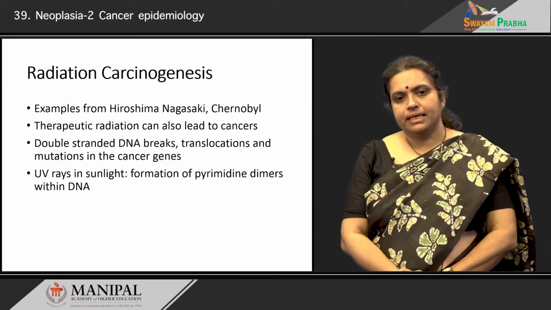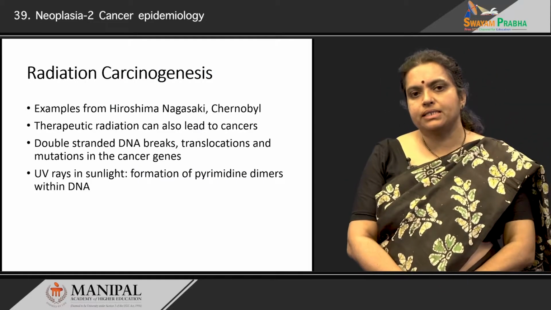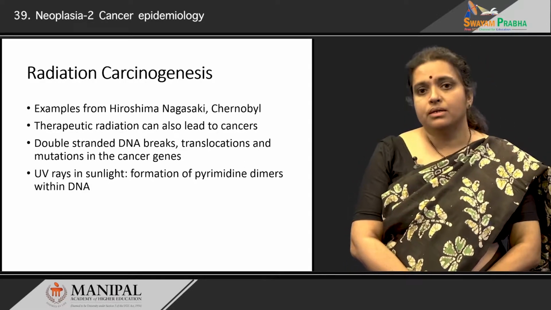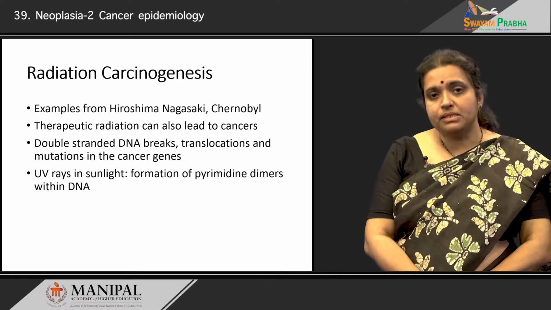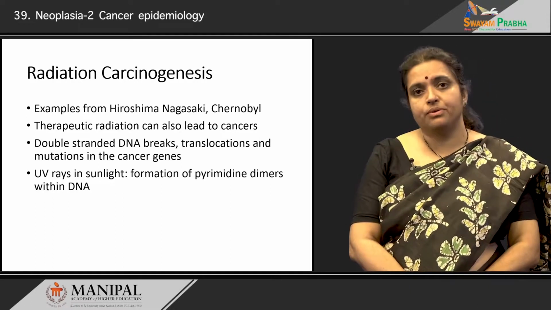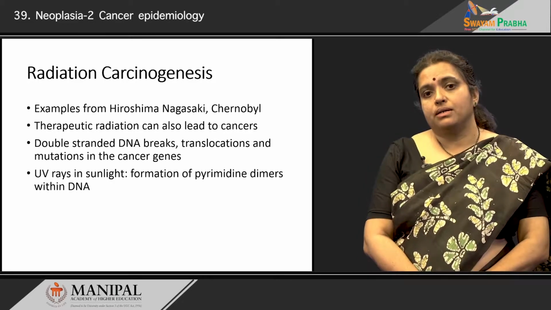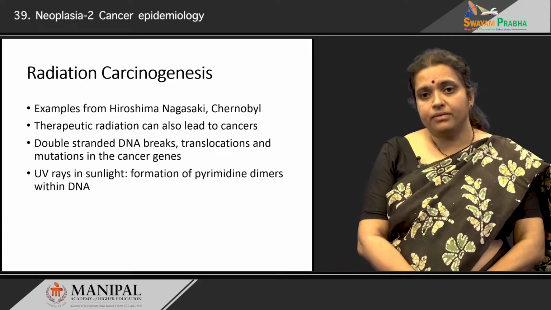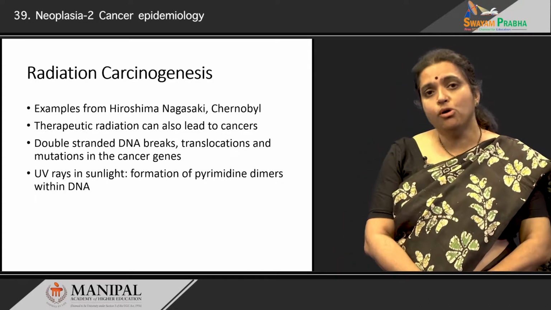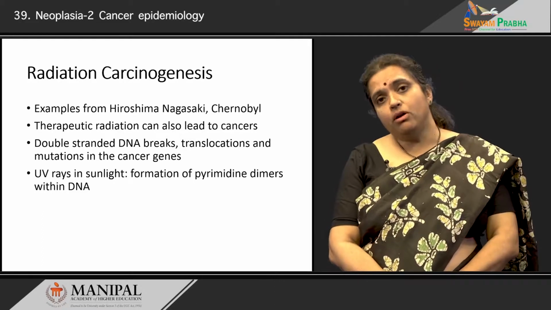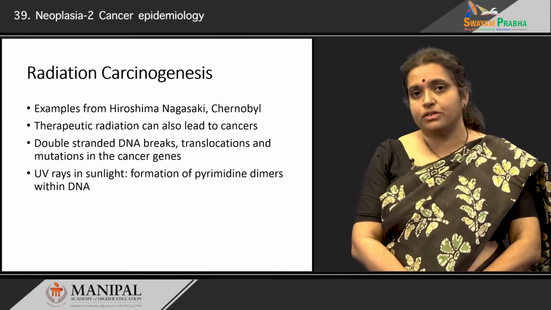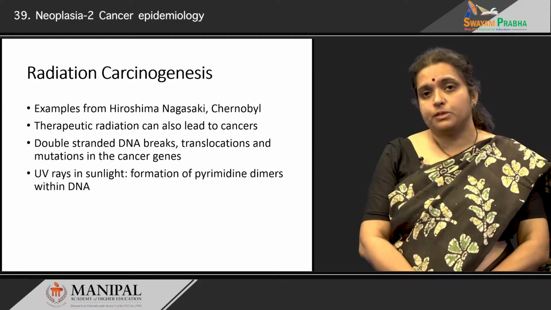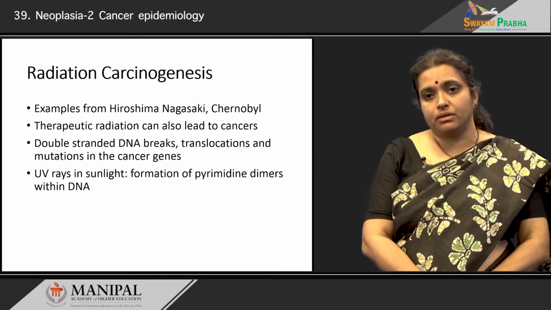Now, the next is radiation carcinogenesis. Radiation, as we know, is a very potent carcinogenic agent, and we have examples from natural disasters, from nuclear bombs, such as the Hiroshima Nagasaki incident, where the survivors developed a whole lot of cancers, and they still do because of the permanent genetic damage that they have suffered due to the radiation, especially cancers of the thyroid and other organs.